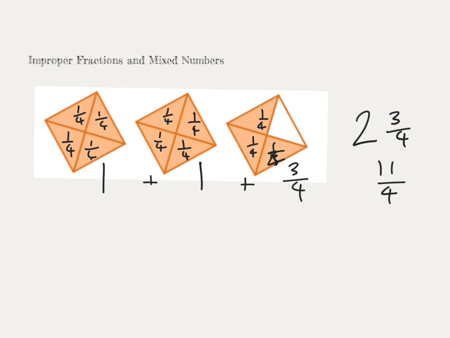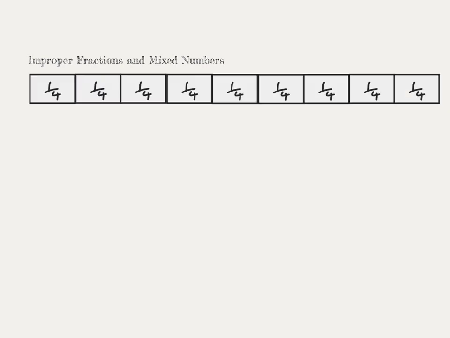Now, mixed numbers and improper fractions are useful at different times. We'll find out more about that later. So here you can see I have 1, 2, 3, 4, 5, 6, 7, 8, 9 quarters. And I can mix and I can share. Let's work out what it would be as a mixed number. Let's share these into wholes.